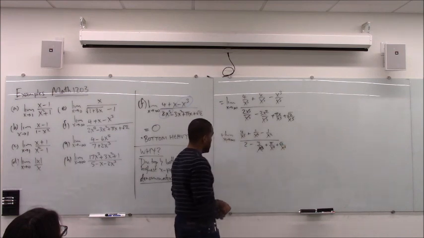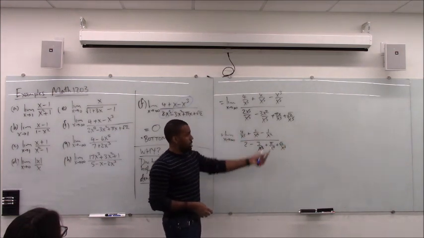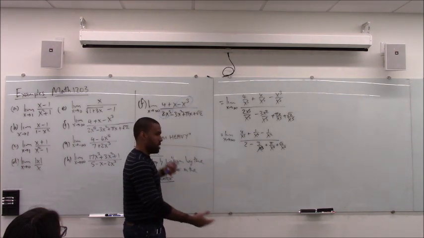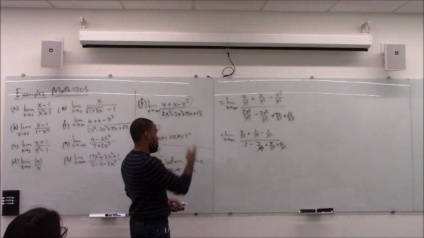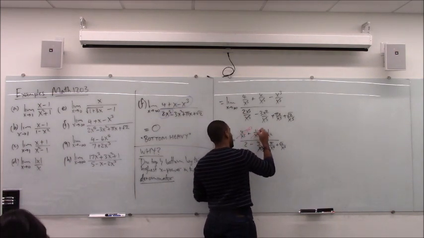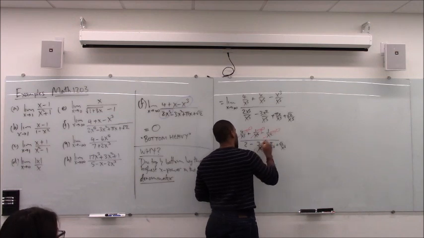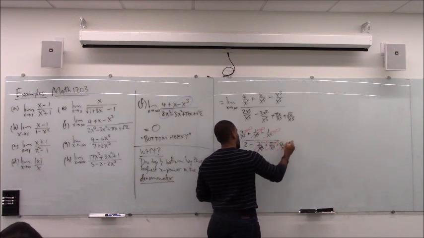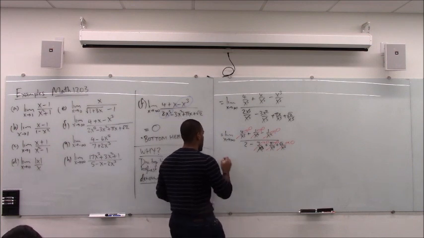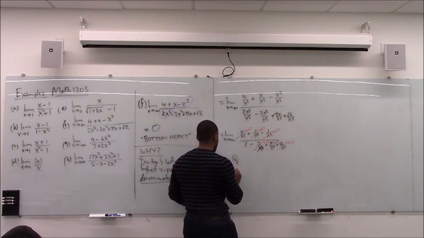Now what you notice is in these terms, the numerators are constants, they're not moving, but the denominator is going off to infinity. So those taper off like this. The graphs of those all approach 0 as you go off to infinity. All of these just go off to 0. And you would pretty much end up with 0 over 2, which is 0.